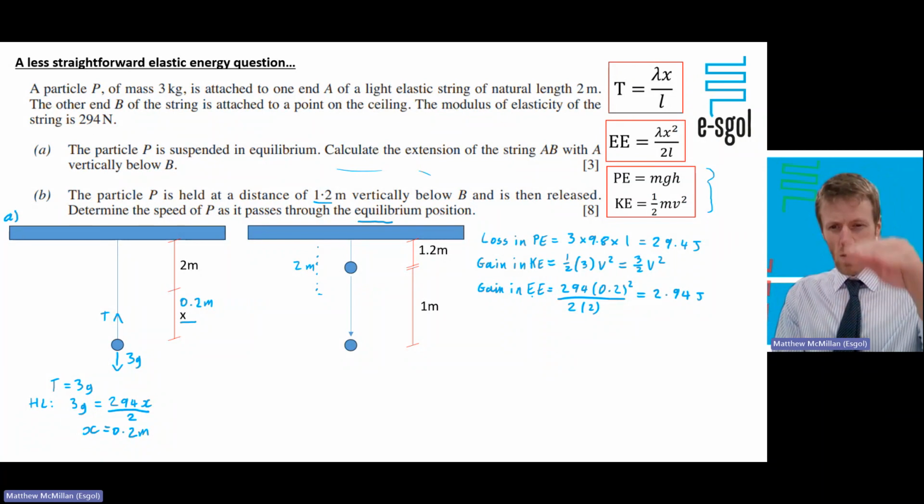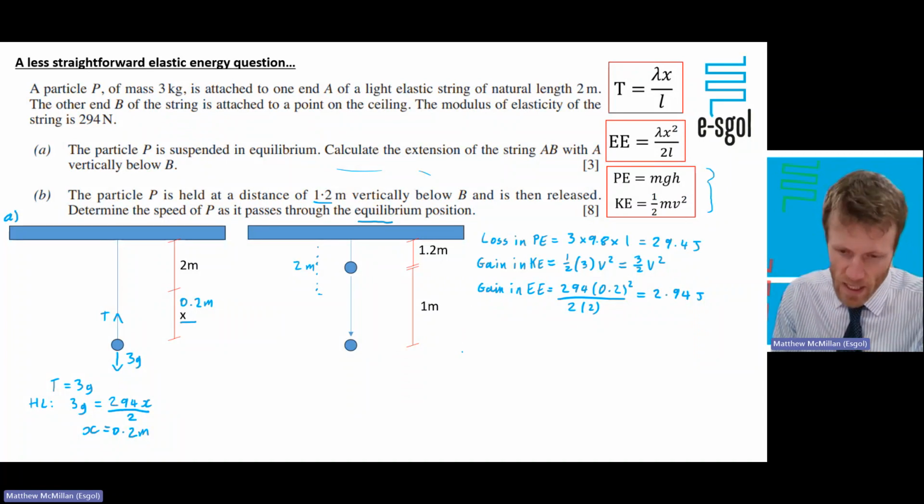So we start with only the potential energy, and then at the end we've lost all the potential energy and we've gained kinetic energy and elastic energy. So our potential energy equals the kinetic energy gained plus the elastic energy gained.